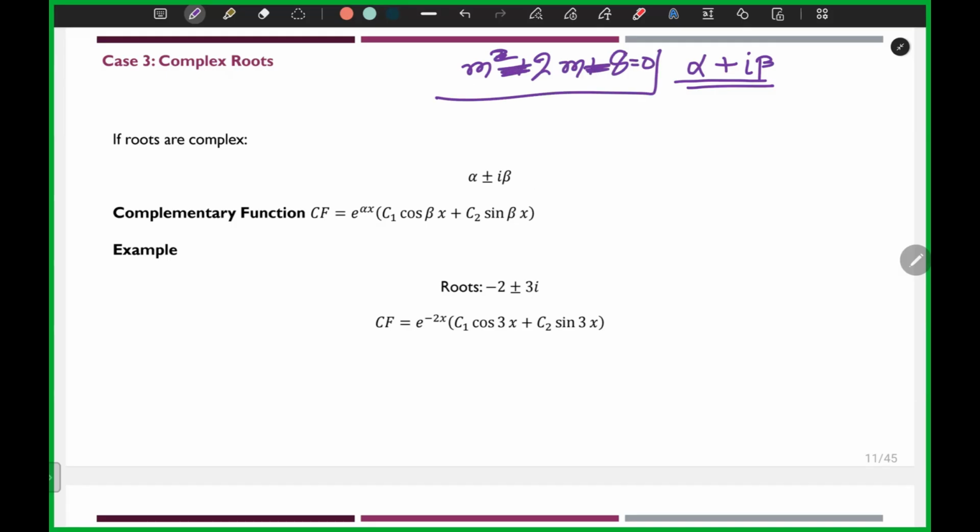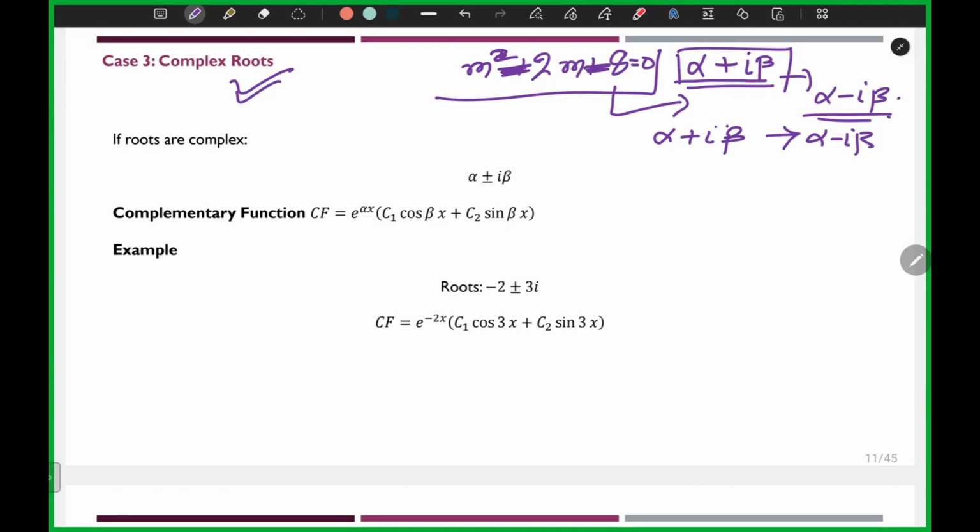If this has one complex root of this type, then the other root will be alpha minus i beta. So one thing about complex roots is that they always occur in pairs. If one root is alpha plus i beta, then the other root is alpha minus i beta.